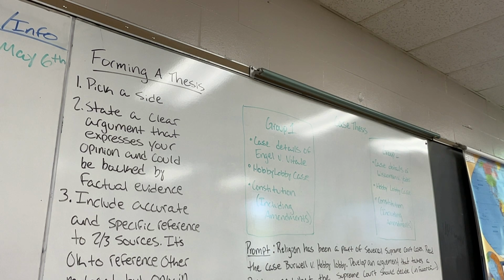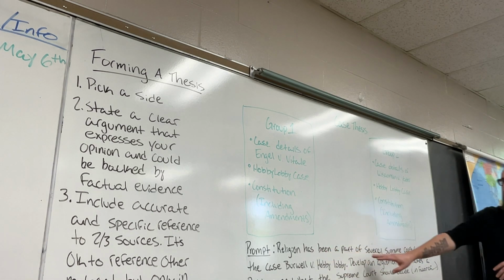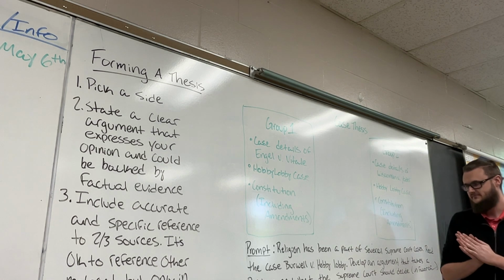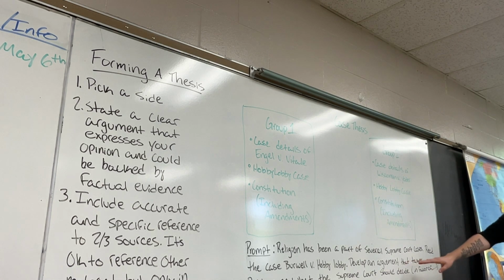So, what we're going to do for our actual prompt, you're going to go through, read this here, right? Religion has been a part of several Supreme Court cases. We're going to read the case details of the Burwell versus Hobby Lobby case. Then you're going to develop an argument that takes a position on what the Supreme Court should decide.